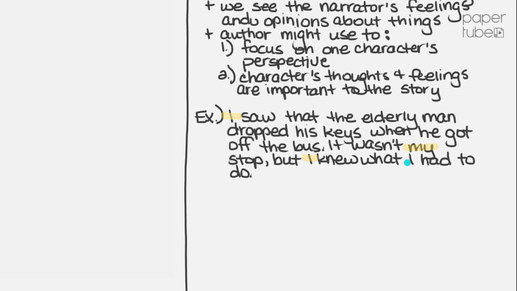All of those are first person pronouns that help me easily identify that this story is being told from a first person point of view. It also gives me some insight into the character's mind. It says, I knew, right? So that's showing some thinking from that character taking place there. All right, so that is our first type of point of view.